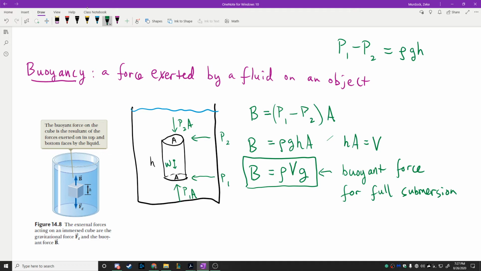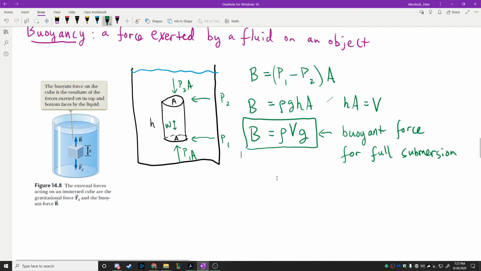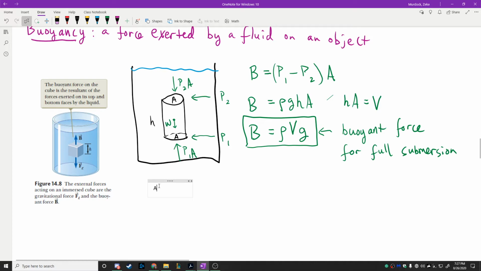Now, Archimedes came up with a more generalized way of saying this that will apply to an object that's fully submerged as well as an object that's only partially submerged. And that is what we call Archimedes' principle. So Archimedes' principle states that the buoyant force that's exerted on an object is given by the weight of the water displaced by the object.